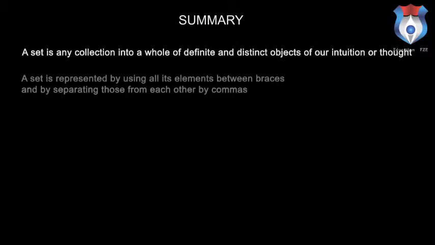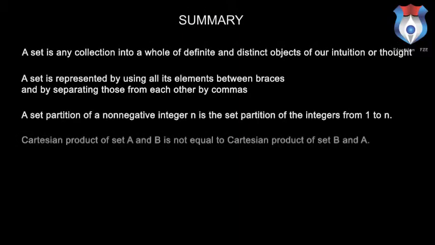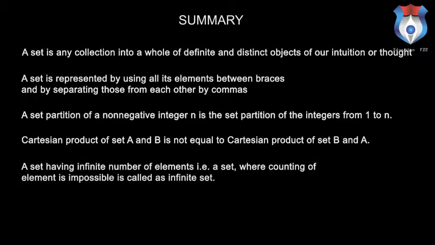Summary. Now in the end, let us summarize what we have learnt in this lecture. A set is any collection into a whole of definite and distinct objects of our intuition or thought. A set is represented by using all its elements between braces and by separating those from each other by commas.